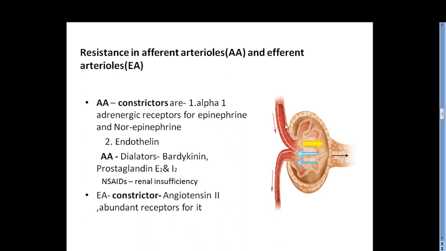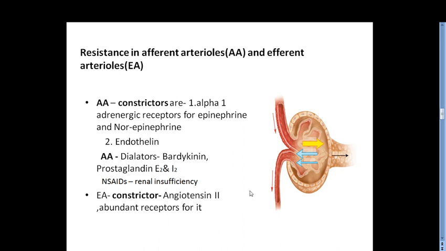There are certain hormones or chemicals which cause constriction of afferent arterioles. These afferent arterioles have alpha 1 adrenergic receptors and they respond to epinephrine and norepinephrine, which are very strong vasoconstrictors, so they cause the constriction of afferent arterioles.